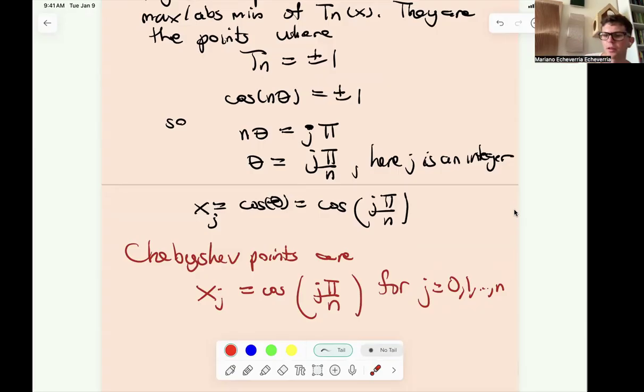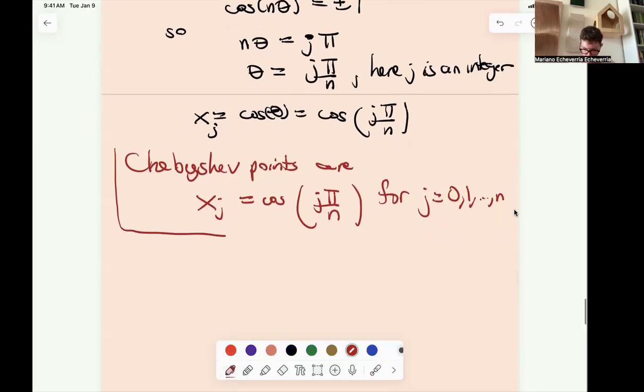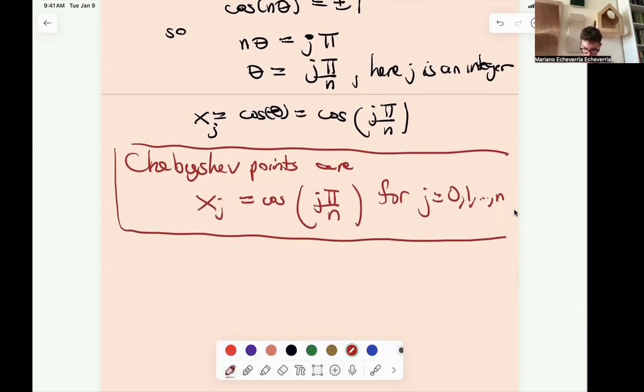So for example, let me do two cases. Let's say n equals 2. Then the Chebyshev points are cosine of j times pi over 2, and j goes from 0 to 2.